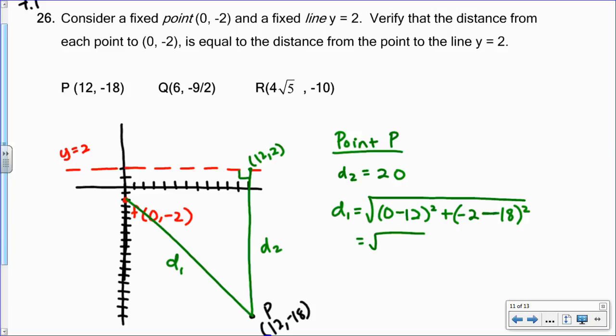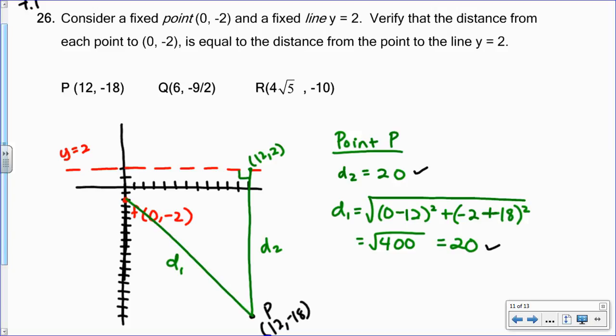The minus -18 I'm going to make plus. So I'll calculate what's under the radical first, but I'm trying to get 20 because I want those distances to be the same. Under here, which is 20. Okay, so that was point P.